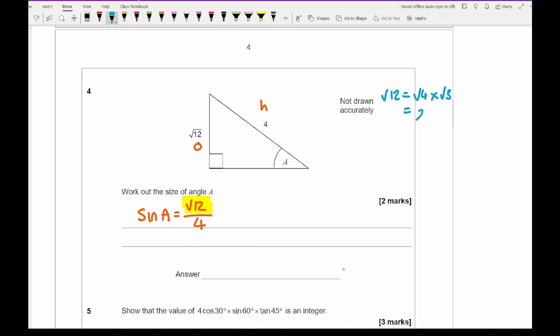And root 4 is 2, so that becomes 2 root 3. So this then becomes 2 root 3 over 4. I can then simplify the 2, so I'm left with root 3 over 2. And then looking at my exact values of trig, looking at the sine row, which one gives me root 3 over 2? And root 3 over 2 is 60. So A equals 60 degrees.